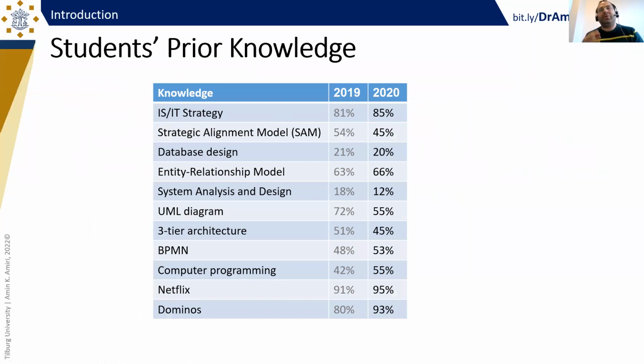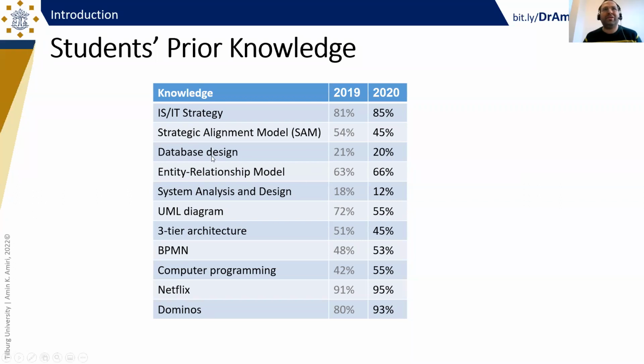From previous years, I know that most students don't have the prior knowledge for this session, so I have to go over some materials myself. For example, around 60% of the students know the entity relationship model, and only 50% know what BPM is and work with it.